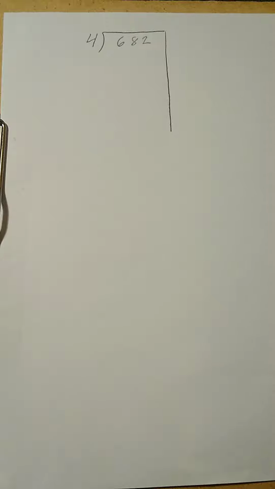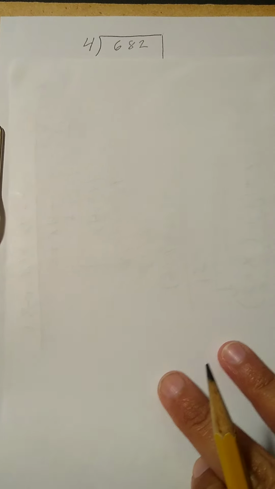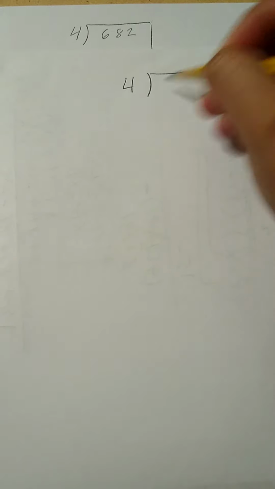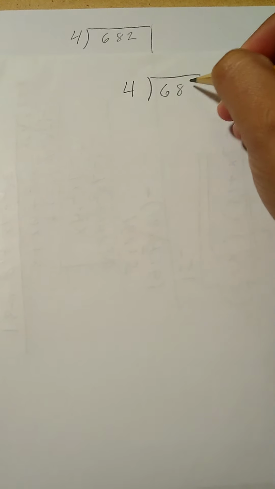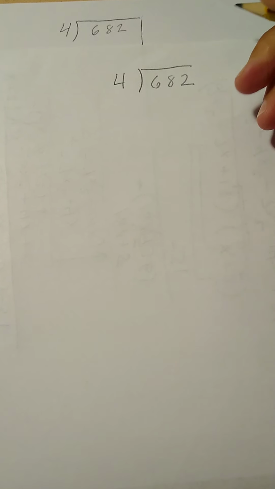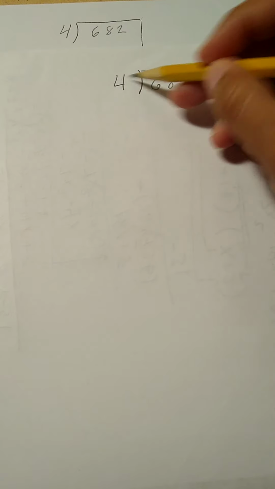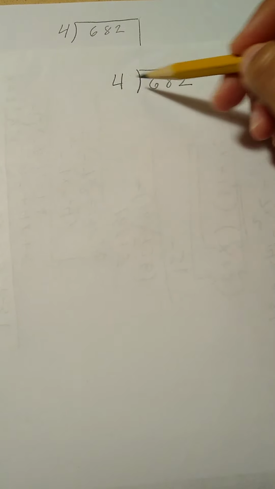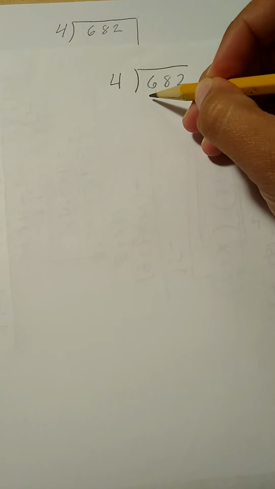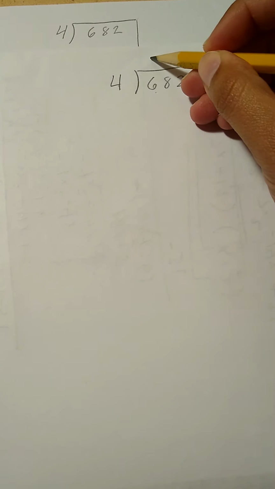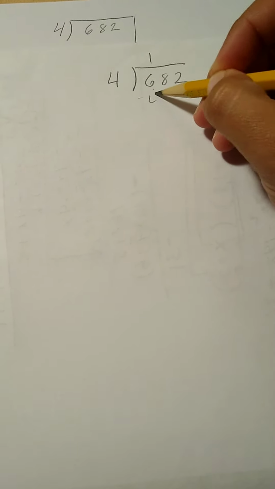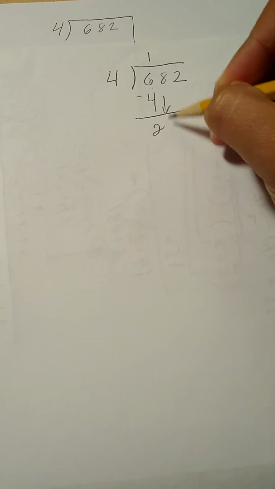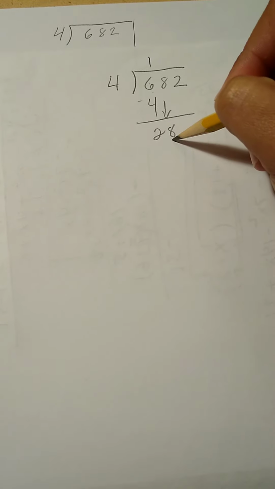I know the old method of how to divide. I remember we used to do regular 4 divided by 682, and then how many times 4 can go into 6. That would be 1. 6 minus 4 is 2. Bring down the 8. You have 28.